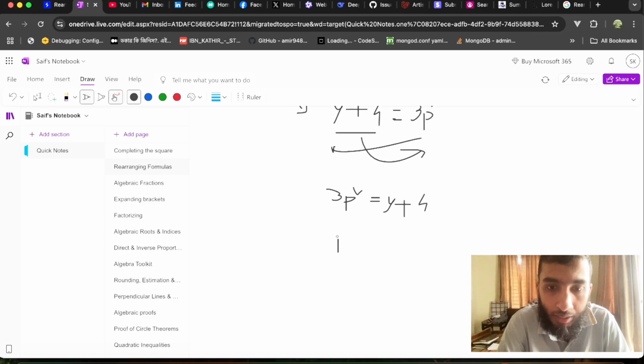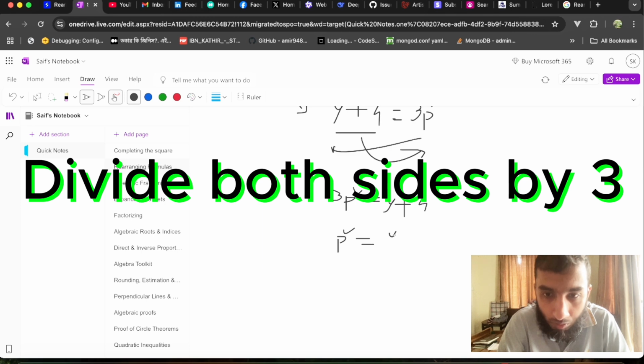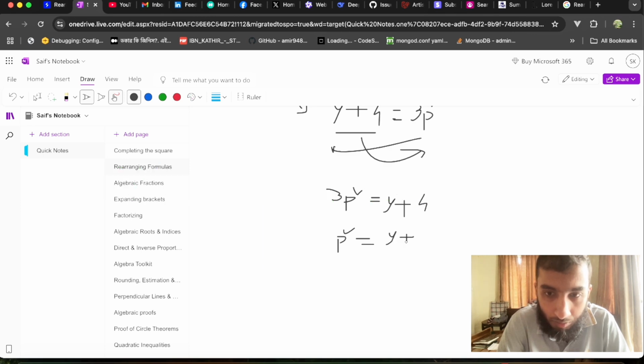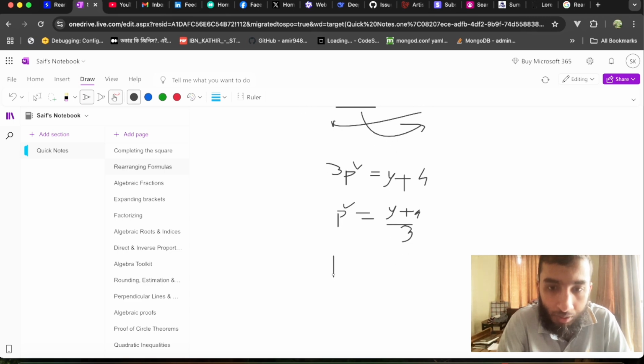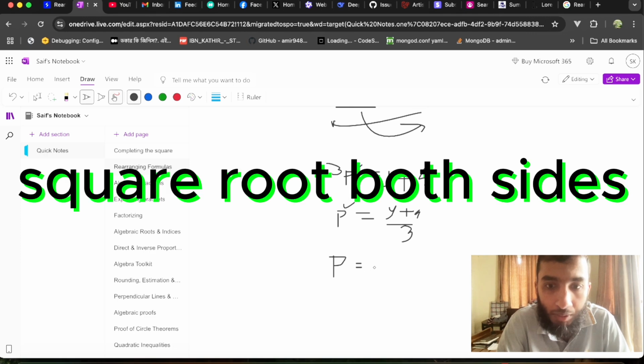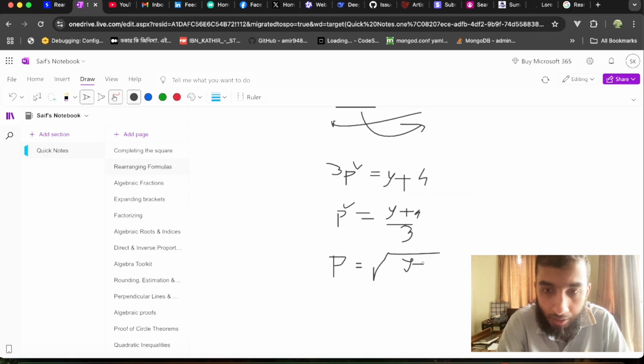So I can also write, if I divide both sides by 3, I get p square equals y plus 4 by 3. So I can write p, if I now square root both sides, I get p equals root y plus 4 divided by 3.